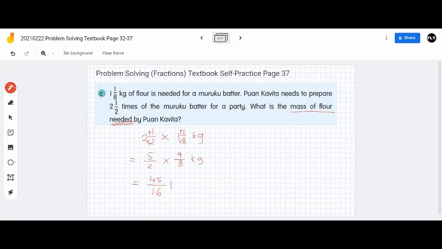So this is an improper fraction. Do not leave your final answer in this form. You have to change it to a mixed number by doing division. So 45/16 is also 45 divided by 16. Oh no! 16, do you remember the multiplication table? You might not remember.